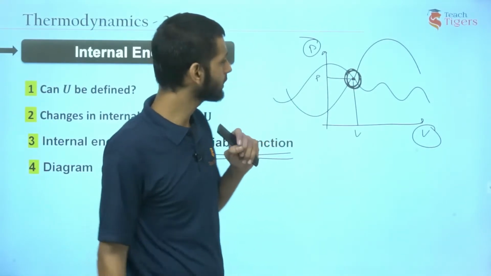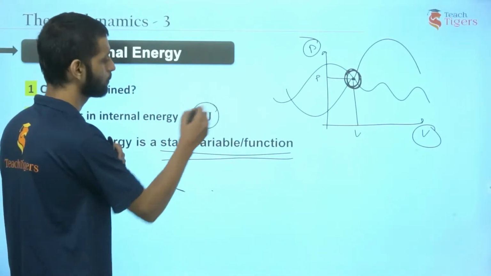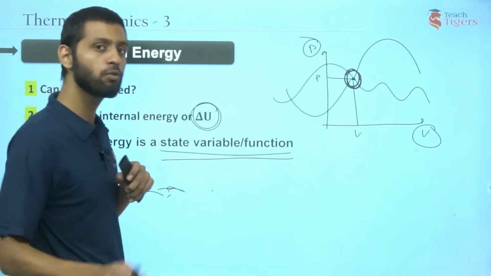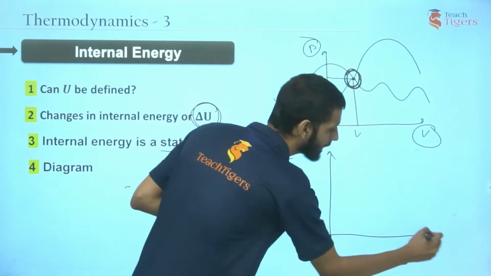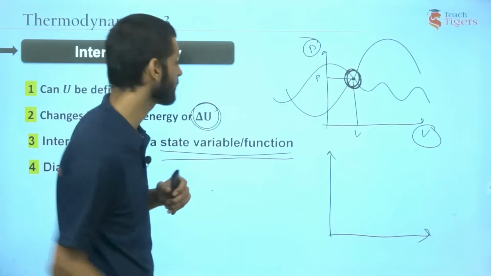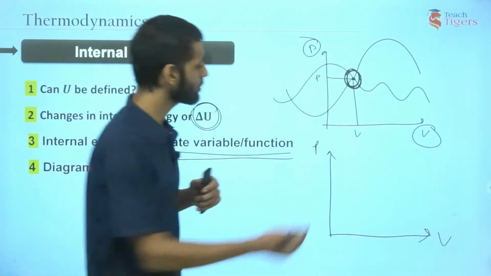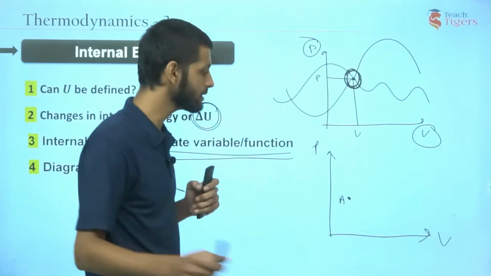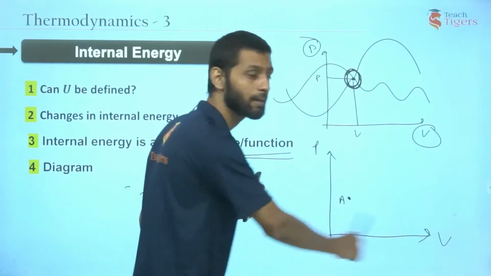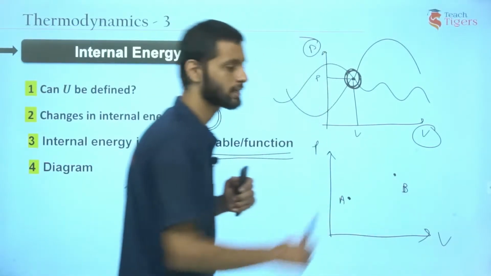Another point that I'd like to mention over here is the point about delta U. Delta U is U final minus U initial. So if I draw another graph, once again, on the axis, what do we have? We have state variables. Usually you'll find PV written. So point A is a state, right? It's in the space of state variables. And we're going to go to point B, another state.